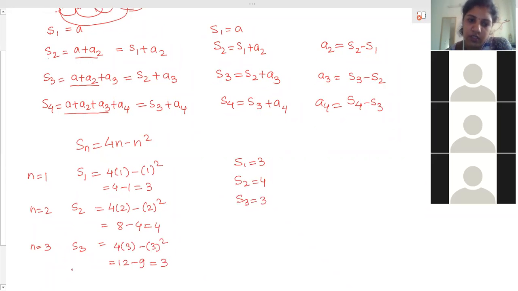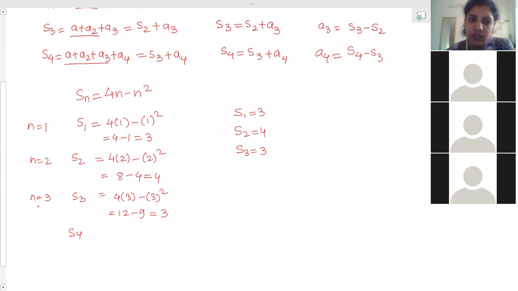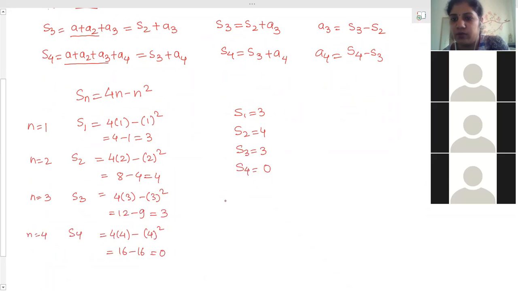S4 is 4 into 4 minus 4 square, that is 16 minus 16, which is 0. You are not supposed to find all four, I am just showing you. So the sum of 4 terms is 0.